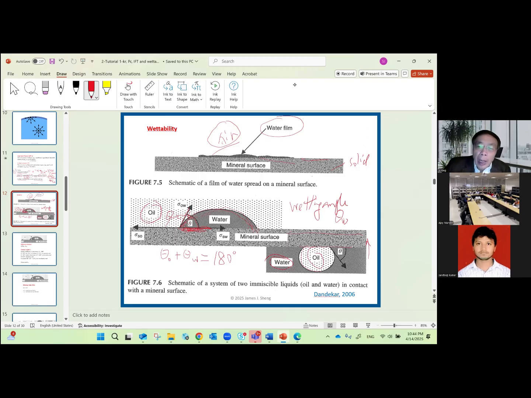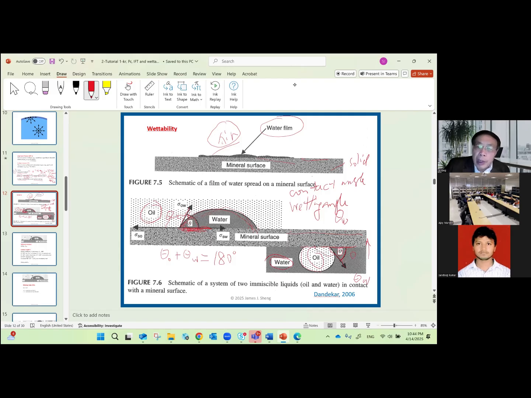top. And similarly, we can find this angle still goes through the rock surface, through the water phase, to another interface. So this is the contact angle, or sometimes called the wetting angle. So contact angle theta W, okay?